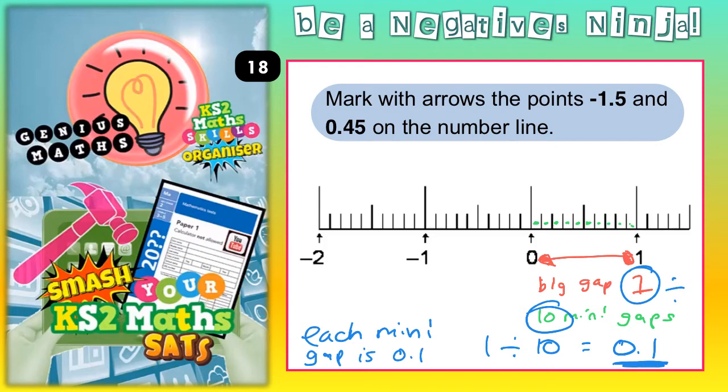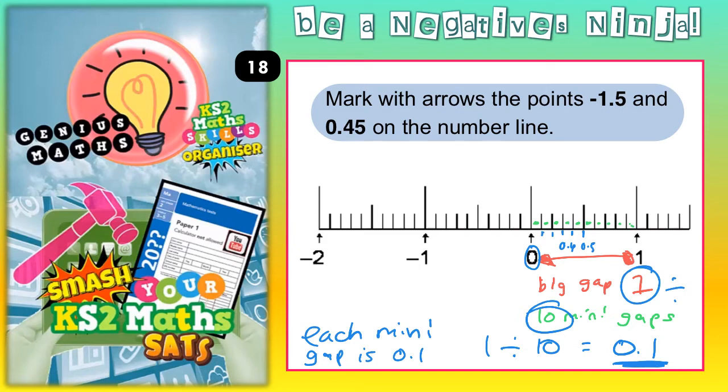Now we can use that to start helping us find the numbers that we want. We've got to find minus 1.5 and 0.45. So if we go back to 0, 0.1 would be here, 0.2, 0.3, 0.4, 0.5. So this one is 0.4 and this one is 0.5.